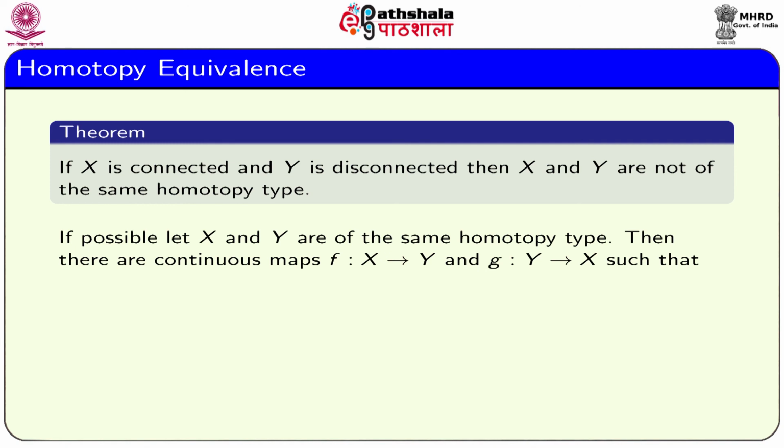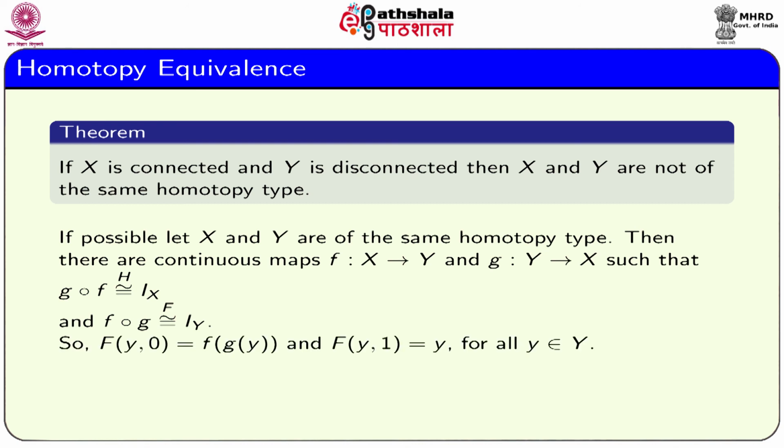Then there are continuous maps f from X to Y and g from Y to X, such that g composed f is homotopic to identity on X and f composed g is homotopic to identity on Y. So, if we take that homotopy from f composed g to identity on Y as capital F, then F(y,0) is f composed g of y and F(y,1) will be y for all y belonging to capital Y.